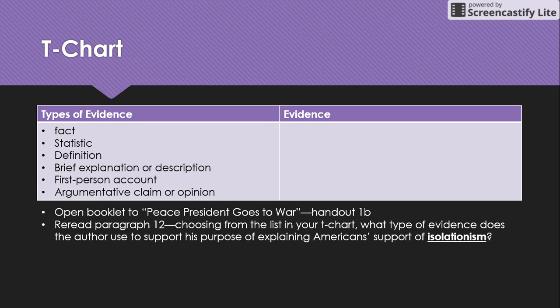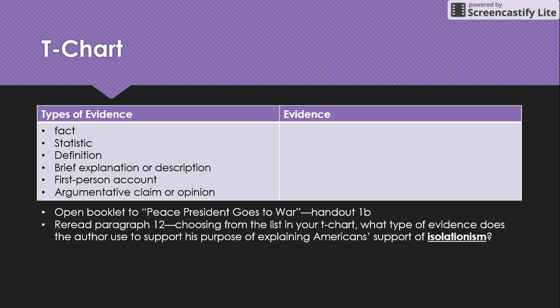The reason I'm having you do this is because these are all the types of evidence that you would ever use whenever you're gathering evidence for anything that you write or trying to argue or make claims about. You always want to keep these types in the back of your mind as you're writing and as you're collecting things for answers or reasons or whatever your task might be.